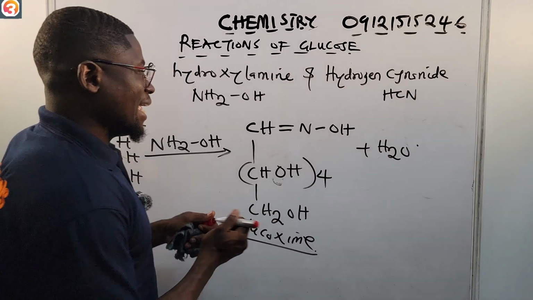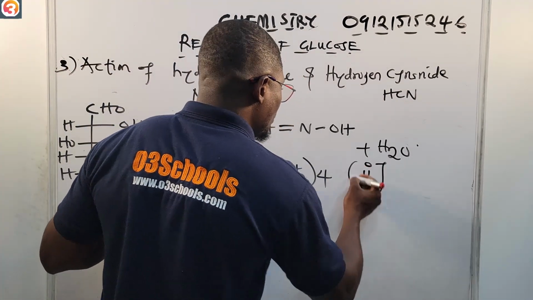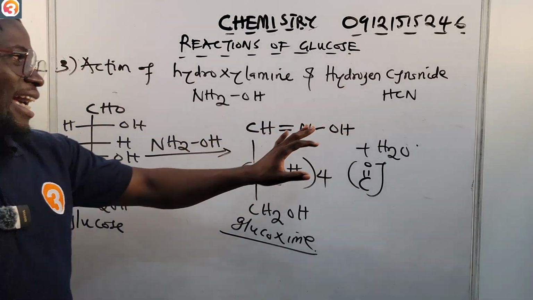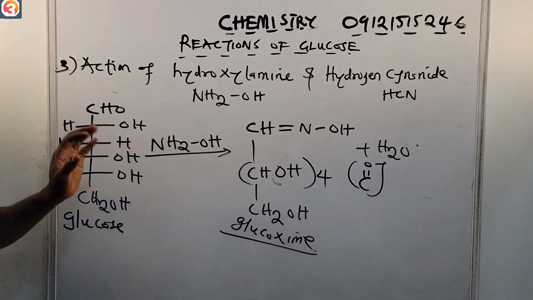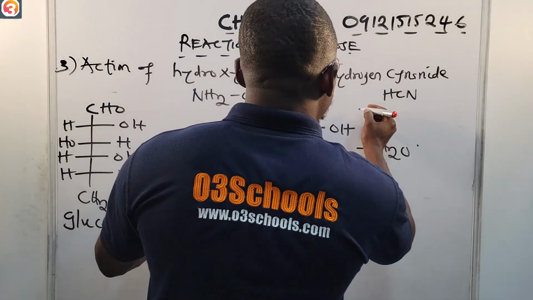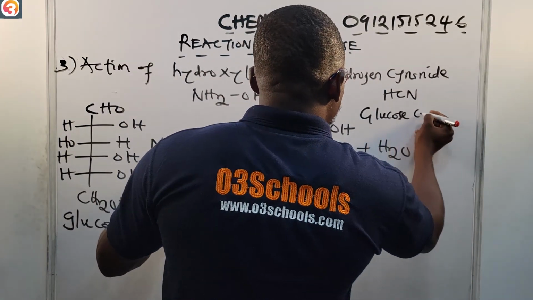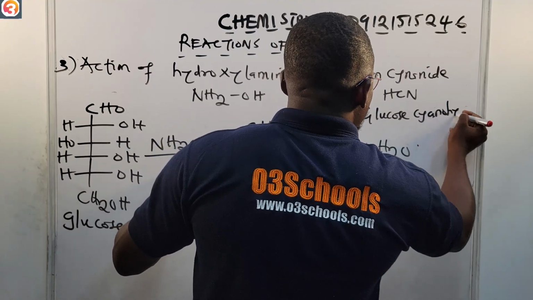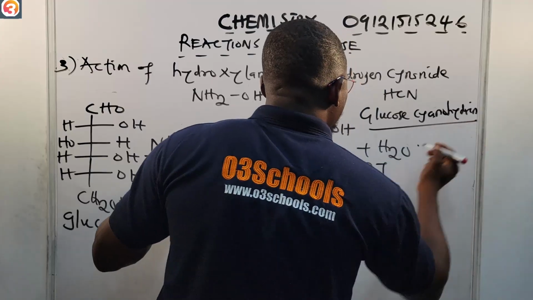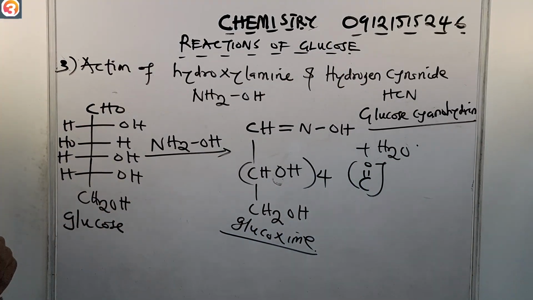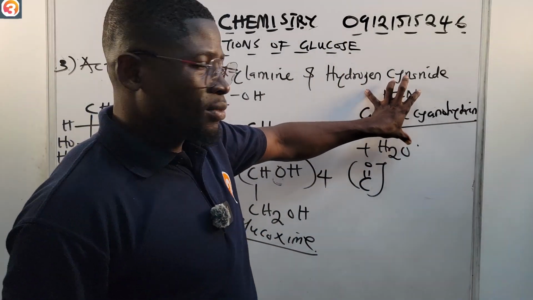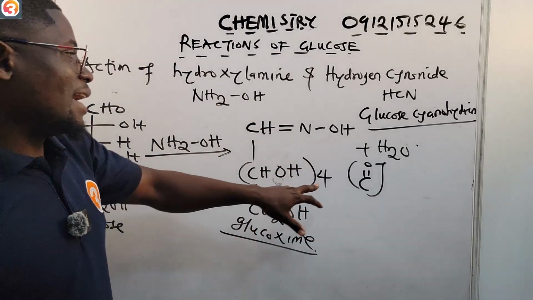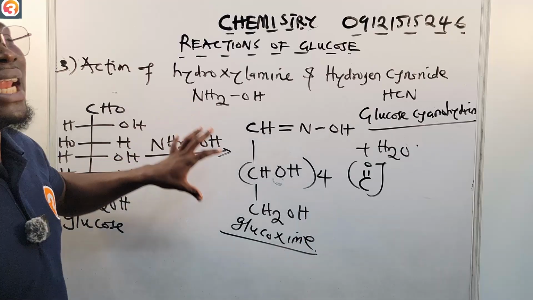there is a carbonyl group present in the formula of glucose. Also, when hydrogen cyanide acts on glucose, it gives us what we call glucocyanohydrin. And HCN action on glucose also tells us that there's a carbonyl group present in the formula of glucose.